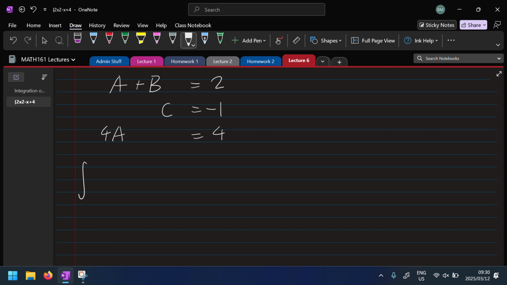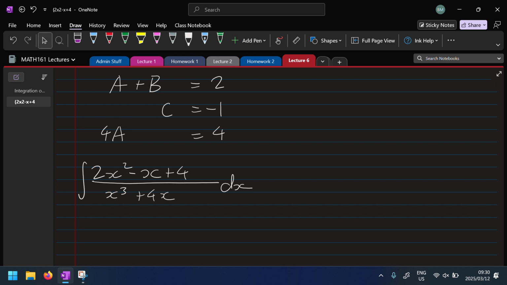So let's do the integral. After all of this work, you might forget that we're actually trying to do an integral. A lot of steps here. So, the integral of 2x squared minus x plus 4 over x cubed plus 4x. Finally, after doing all of the polynomial long division and solving the system of equations, we can now set up the integral, and we're halfway done.